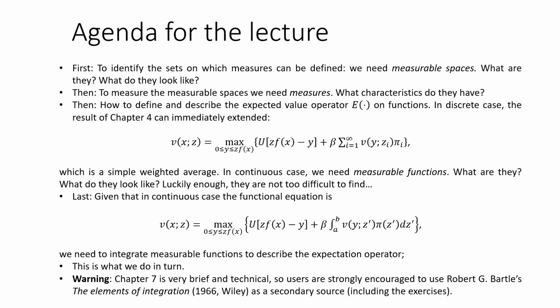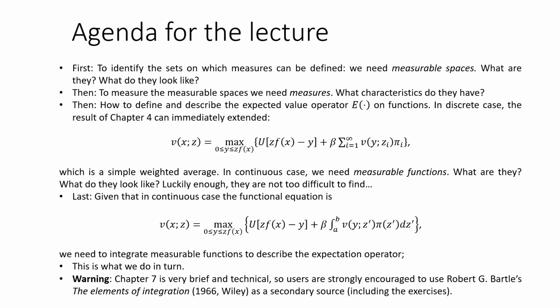Before digging deep, let's have a look at the agenda for this lecture. As far as I am correct, we have 4 points to touch today. First, we will identify the sets on which measures can be properly defined. We need measurable spaces, so we will define them.